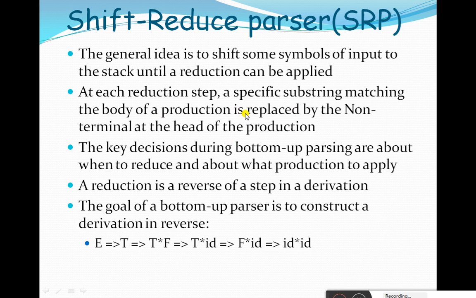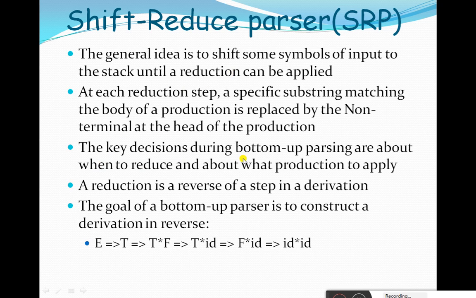This is what I call a reduce action. A shift action is simply shifting one symbol at a time from the input onto the top of the stack. Reduce action means whenever a valid handle is found on the top of the stack, we remove the entire handle from the stack and push the head of that production onto the stack.